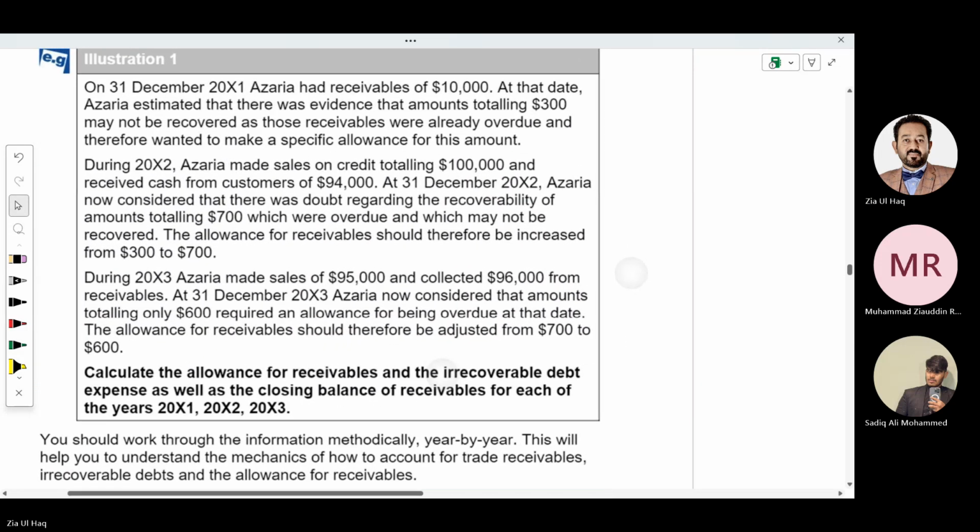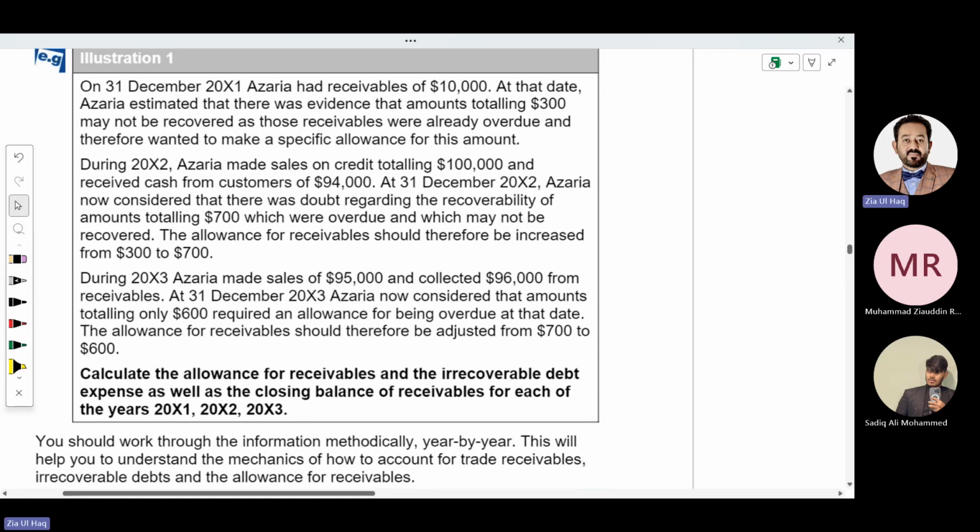Illustration 1. On 31st December 20x1, Azaria had receivable of 10,000. At the end of 20x1, the receivables are 10,000. At that date, Azaria estimated that there was evidence that an amount totaling 300 may not be recovered as these receivables were already overdue, and therefore wanted to make a specific allowance for this amount.